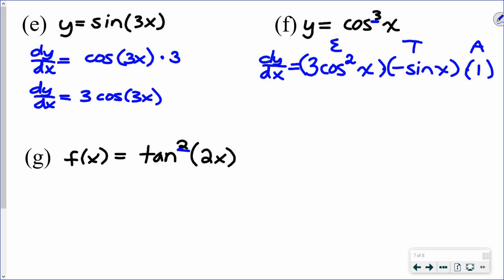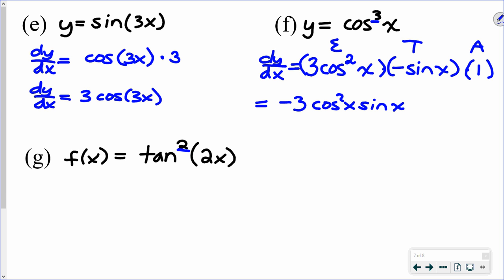So I'll just use parentheses here. So there you can see the ETA. Honestly, we could have skipped the A part, but just so you can see the way that whole thing works out. And then as far as simplifying goes, I would just, since we're multiplying everything, write it as -3 times cosine squared times sine of x, and we're done.